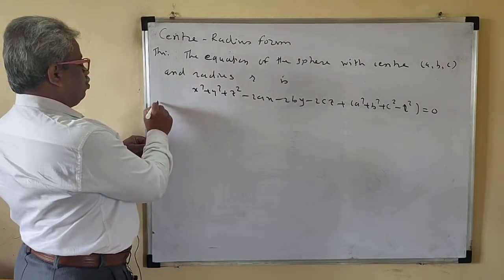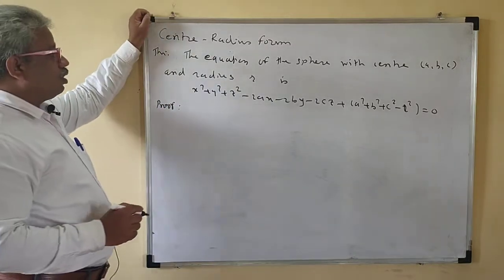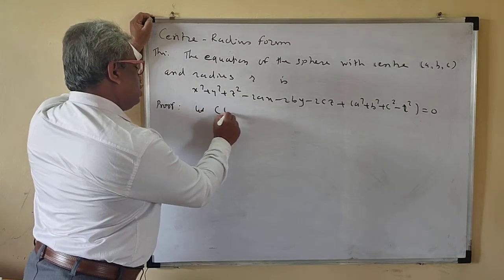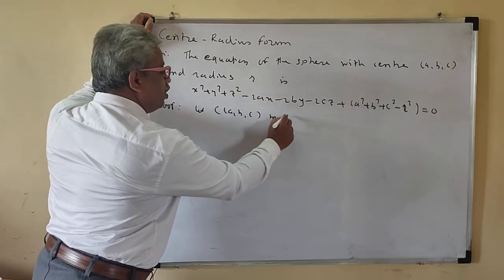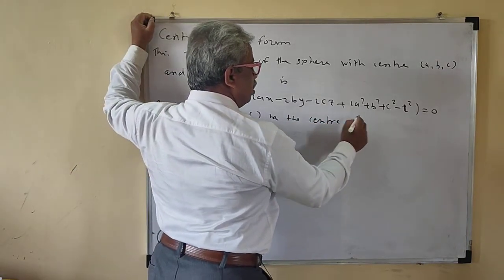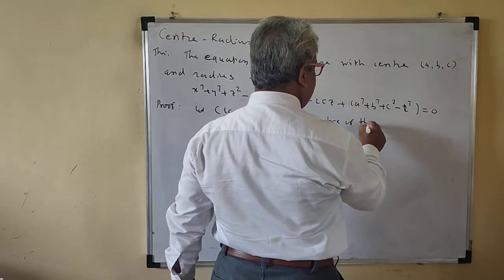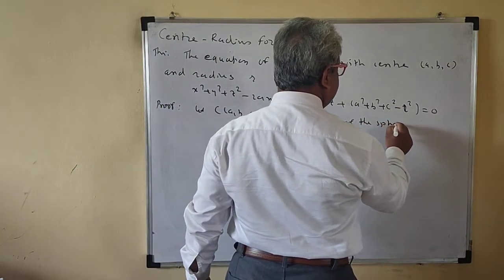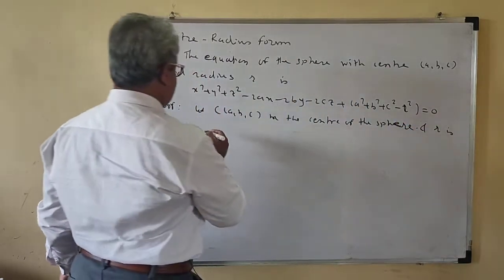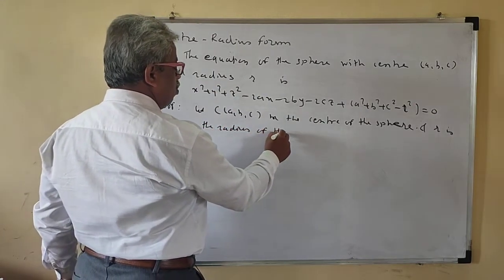Okay, so proof. Let C(a, b, c) be the center of the sphere and r the radius of the sphere.